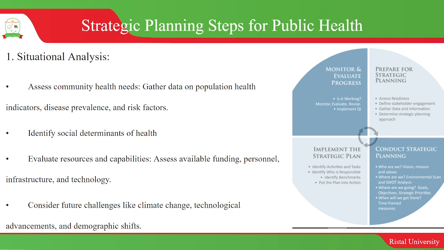So for example, in the slide we are saying you need to conduct situation analysis. You need to understand where you are. In terms of public health, if you are going to plan for the organization, you need to first assess where you are.